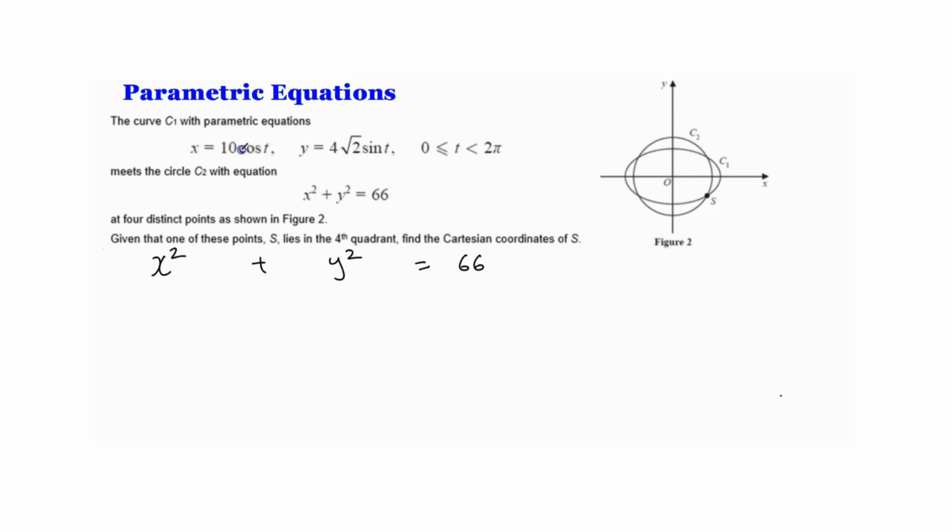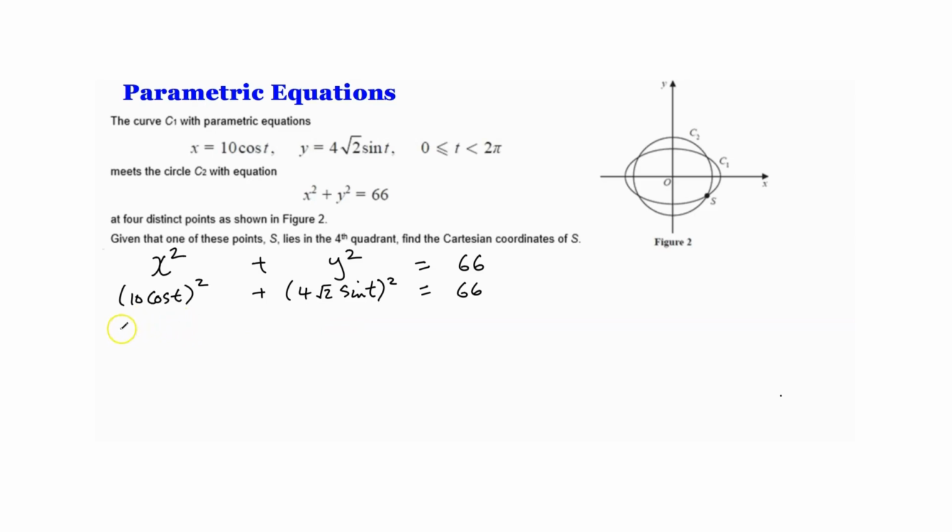So what we're going to do is to substitute these values into this equation, and we would have then (10 cos t) all squared plus (4 root 2 sine t) all squared, and that should equal 66. What we're going to do is to expand and simplify, and then we can find the value of t.